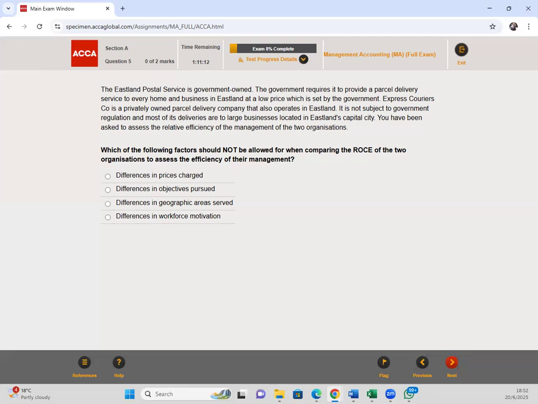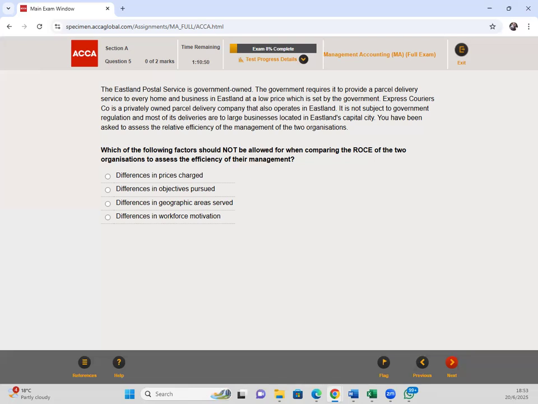So the difference in objective could result in the difference in the ROS. So when you're assessing the difference in the ROS, we can factor in the differences in prices, differences in objective, differences in geographical areas. Yes, we might also consider differences in workforce motivation.